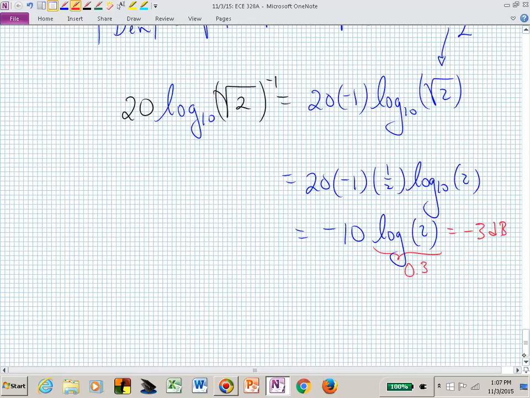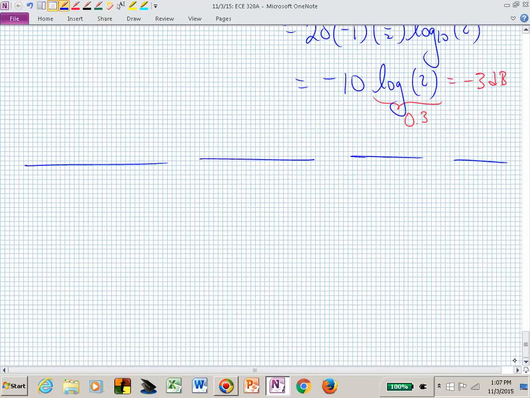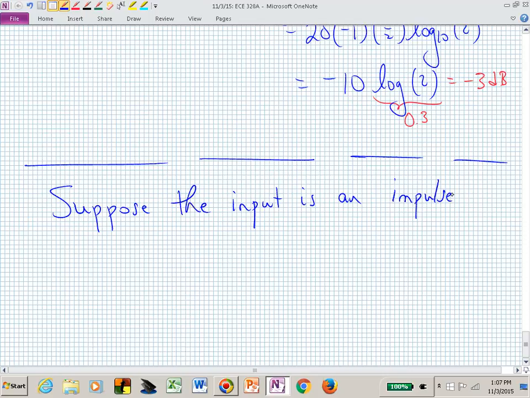Now, in general, if we start with a transfer function, capital H of S, what happens to the output when we hit the system or we kick the system? We hit it with an impulse. Suppose the input is an impulse.